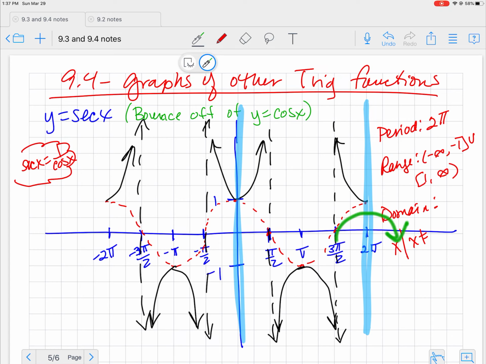What is the coefficient of pi? 1. What's the coefficient of this one? 3. What if I were to go to this next one? If I add another pi to that, what's my coefficient going to be of that pi? 5, right? So how do I denote an odd number? Yes, 2n plus 1. So odd is an even plus 1. And then I'm going to multiply that by pi over 2.